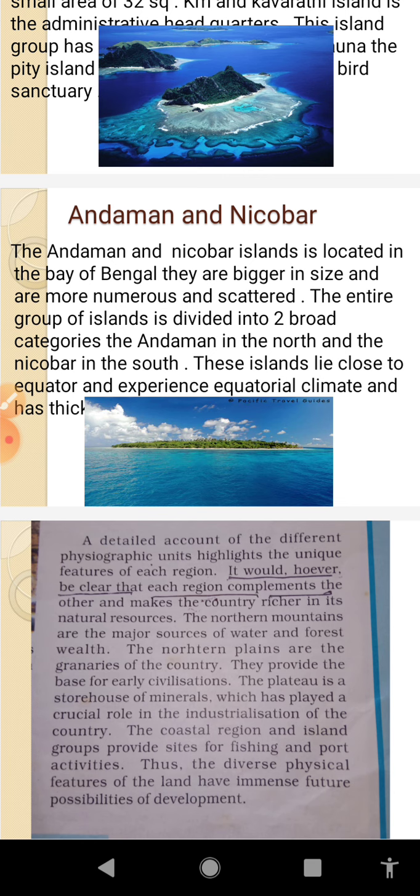One area may be rich in one type of resource, another area may be rich in another type of resource, but for the overall development of the country, it is essential that all the resources be utilized and developed in a proper way, as per not only the requirement of the local people on a regional basis, but also in such a way that it may lead to the overall development of our country, and this can be done only if the resources are utilized in a planned manner.